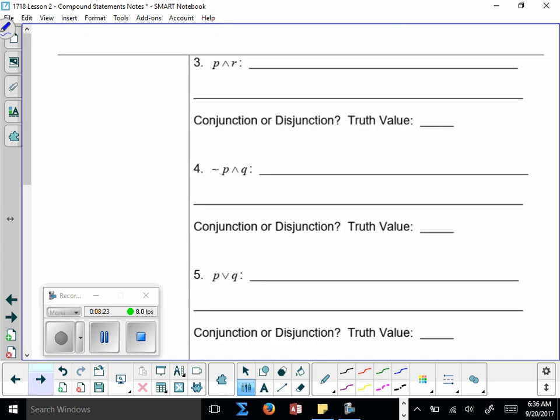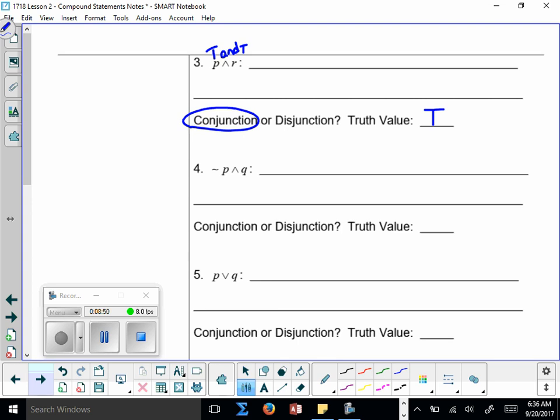Alrighty, we've got another and statement here, so another conjunction. Conjunctions, I have to have both true. Let's see, P, there are 7 days in a week. That was true. And R was Halloween is October 31st. That is true. Both have to be true for a conjunction, so my truth value is true.